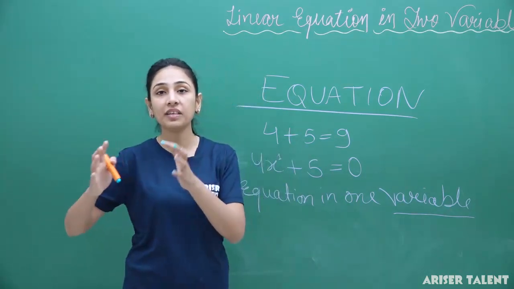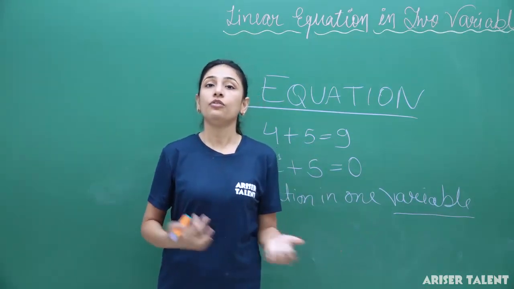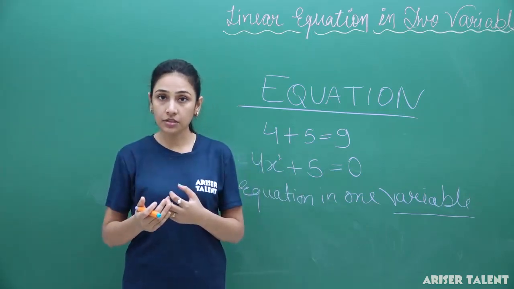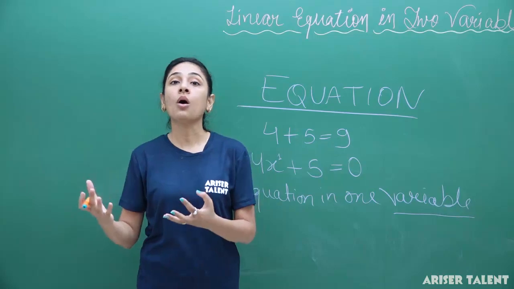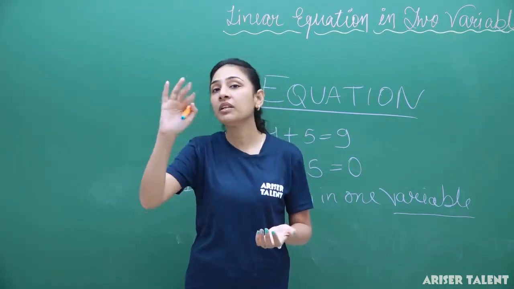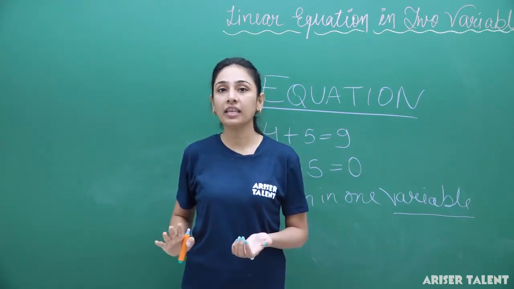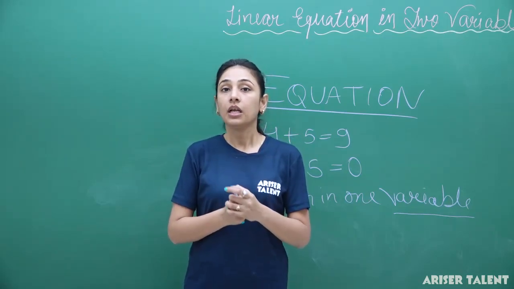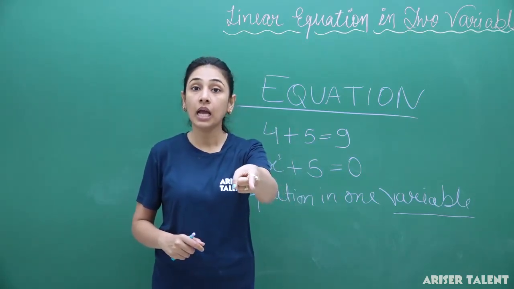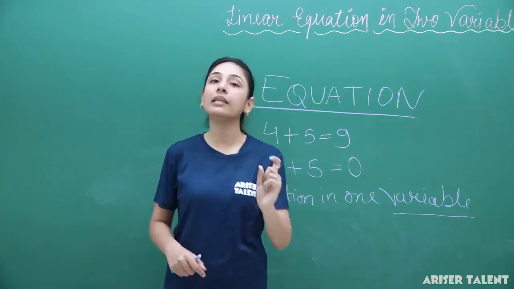So, in this chapter, from many equations, we pick out the equations that have variables. Equations in variables have many parts, and they may have 2, 3, 4, even infinitely many variables, but we are picking only equations in one variable that are also linear, with 1 as the highest power.